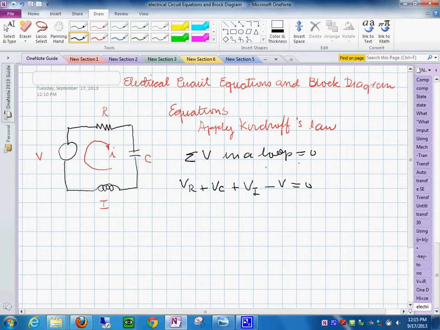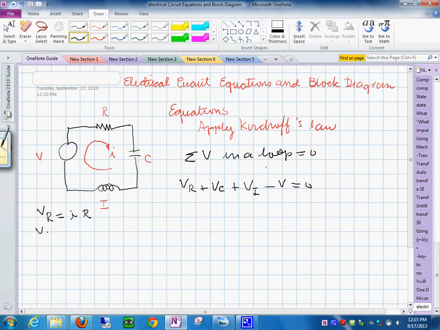What we need to do is to establish the different equations for each one of the elements and then sum them all together. So the voltage across the resistor, for example, is the current I multiplied by the resistance.